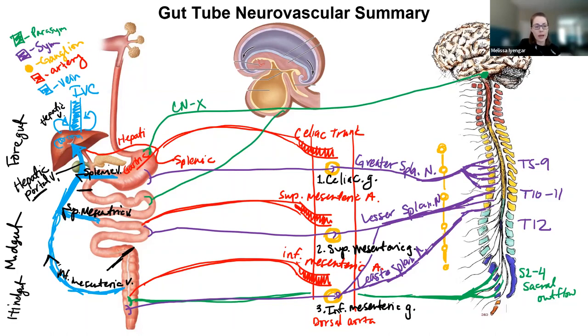And when we talk about metabolism, I'll try to explain the hepatic portal vein system again, so you understand why we are not putting stuff into the inferior vena cava directly. So the difference between the hepatic portal vein and the hepatic veins is the hepatic portal vein is draining all the gut tube. The hepatic vein comes off of the liver and moves blood directly into the inferior vena cava from the liver.